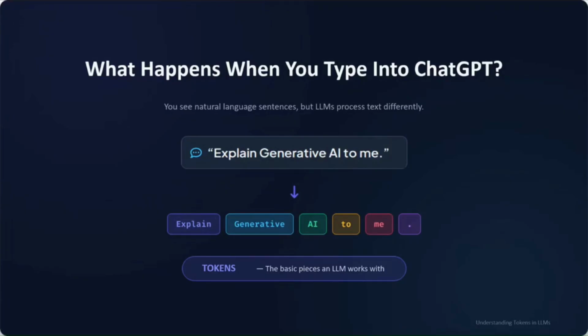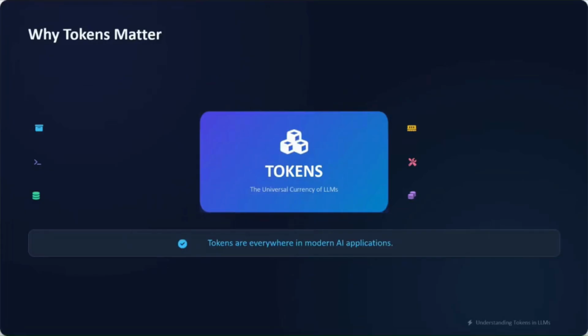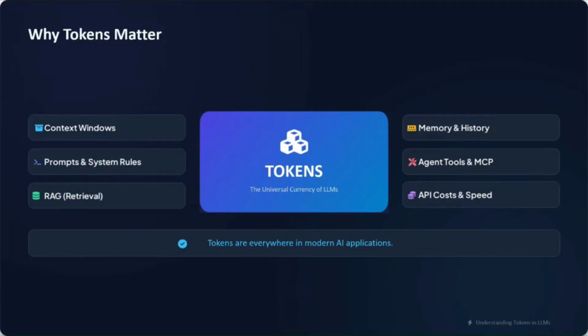And if you're learning generative AI, LLMs or AI agents, understanding tokens is one of the first concepts you need to get clear. Why should you care about tokens? Because tokens are connected to almost everything you do with an LLM. Context windows, prompts, RAG, memory, tools, MCP, and even the cost of running an AI application are all connected to token usage.